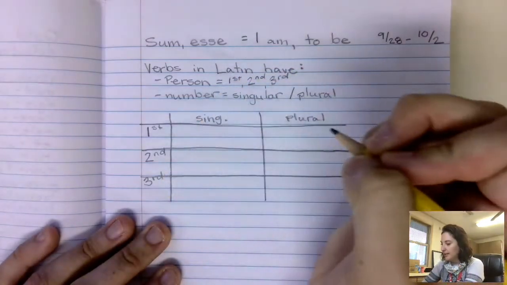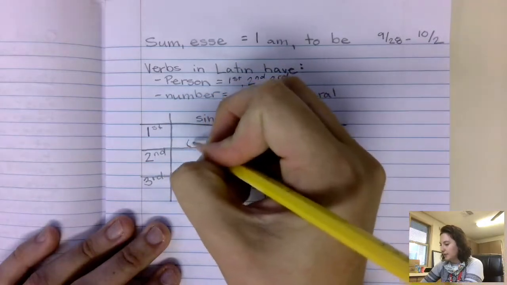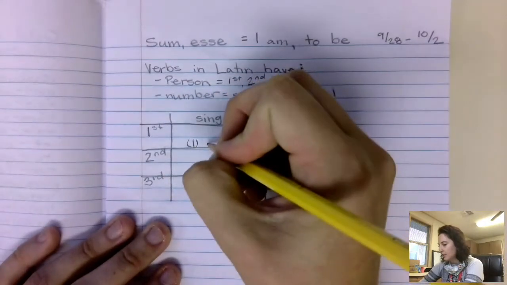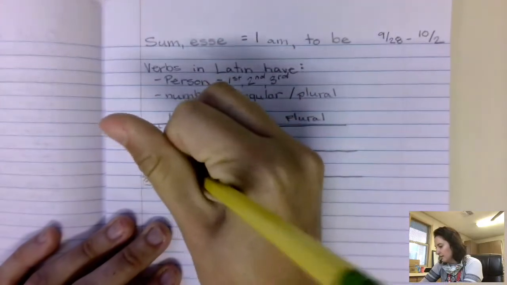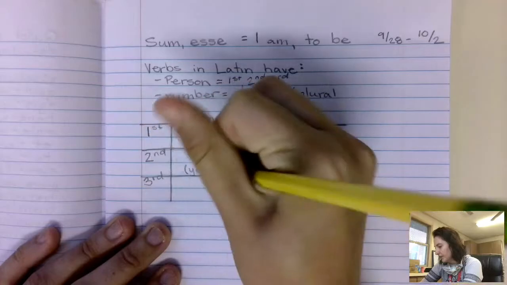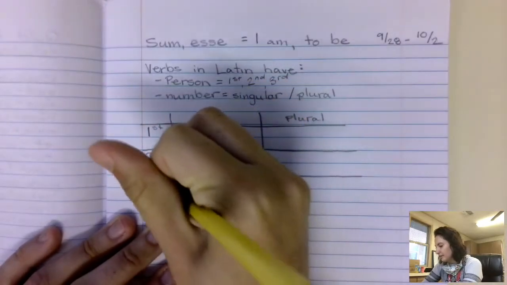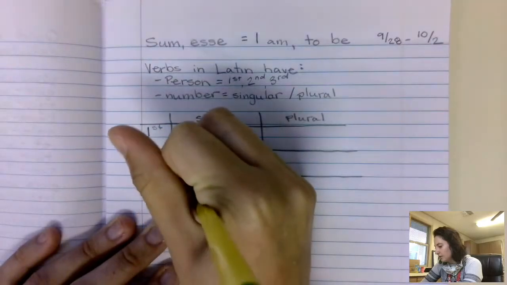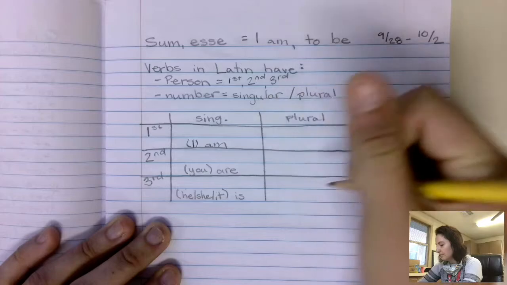So in English, the first person singular would be I am. The second is you are. The third is he, she, or it is.